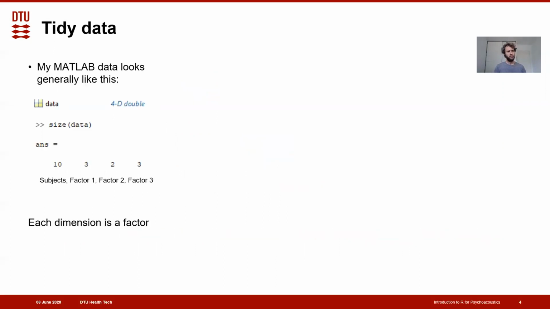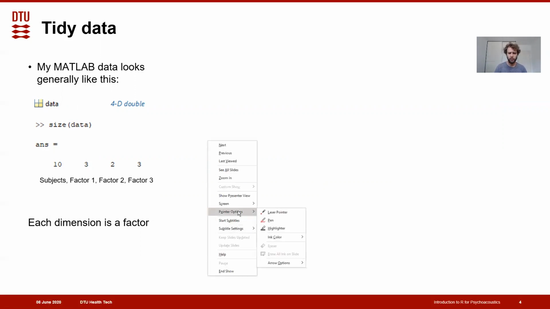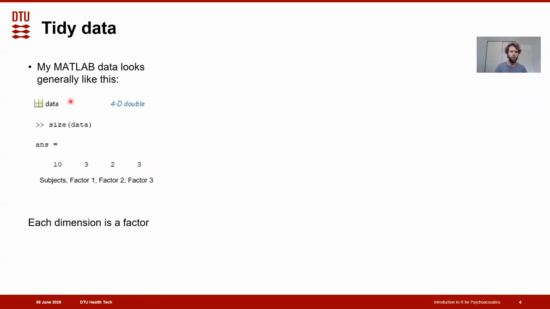So let's talk a little bit about data. In MATLAB, as MATLAB very much likes to work with matrices, my data generally looks like this. So I often have data which is possibly 4-dimensional, depends on my experiment. So the data is like a 10 times 3 times 2 times 3 matrix, where the first dimension, for example, are the 10 different subjects of whom I collect data from.